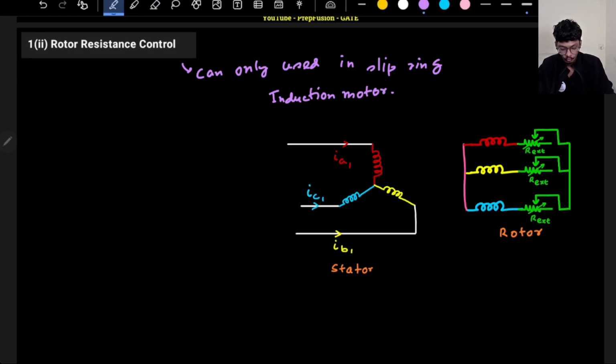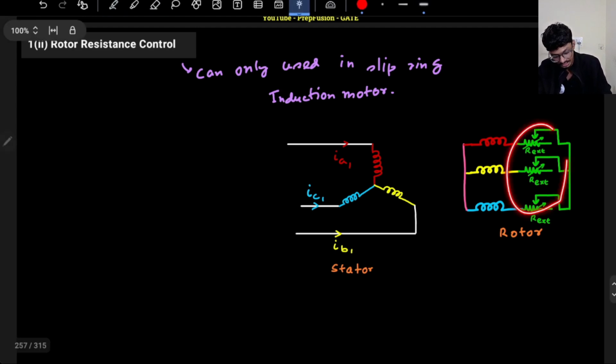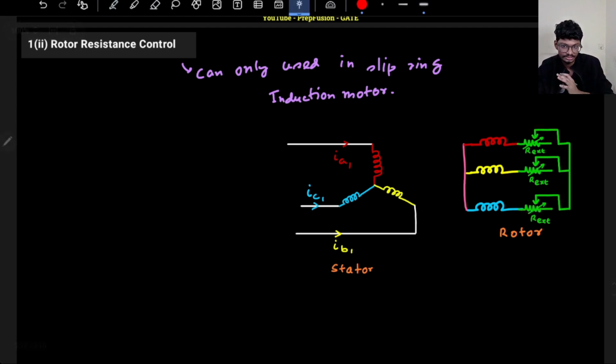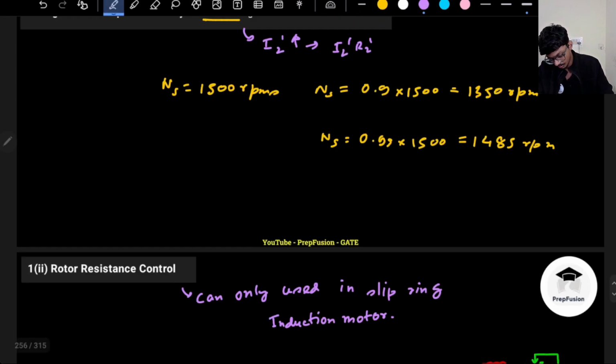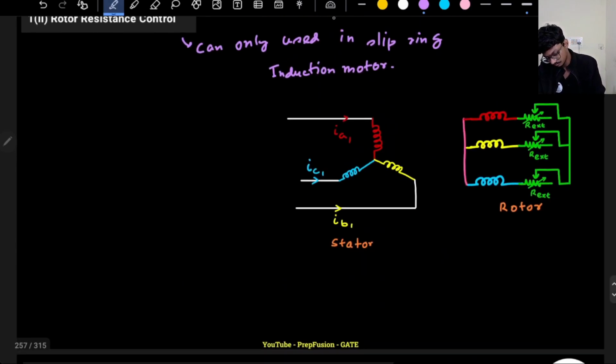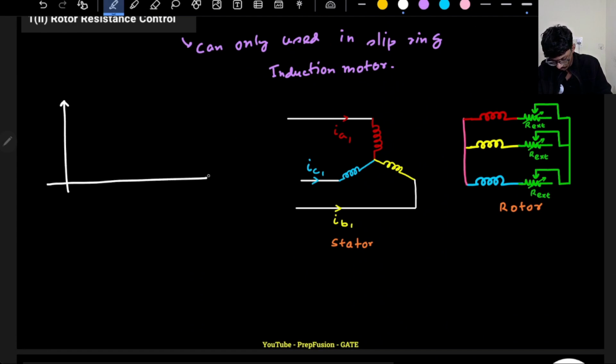So what we do, basically I told you, if I keep on adding my external resistance, the rotor graph will just shift to the left-hand side, correct? This is my initial graph, which we discussed in the previous lecture. This is my developed torque, TD, and this is my load torque.